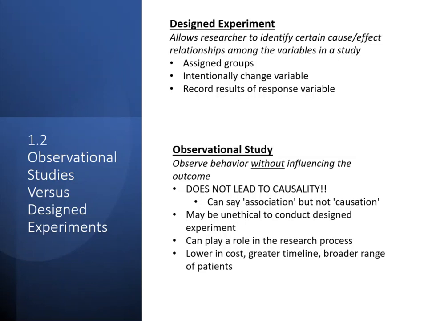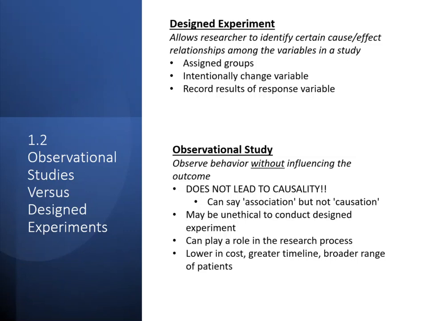Now, why would we ever want to do an observational study if I can't claim one thing causes the other? Well, there could be times where it's unethical to do a designed experiment, and the only way I may be able to claim any type of association between two variables is to do an observational study. Observational studies also have their role in the research process.